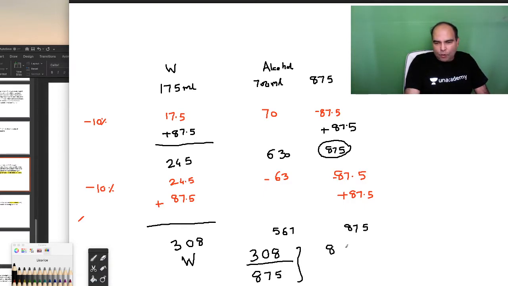Of course in the CAT you also have a calculator, so you can put it on the calculator to find the percentage, but you could do this calculation in this fashion: 87.5 being 10% of 875, so 87.5 into 3 is 262.5, and that would be 30% of the mixture.